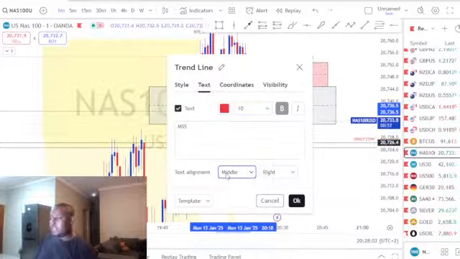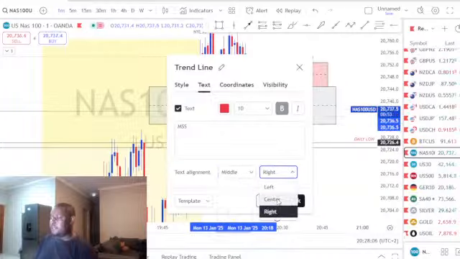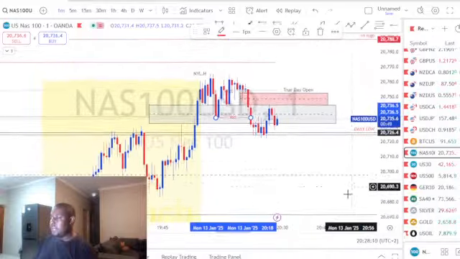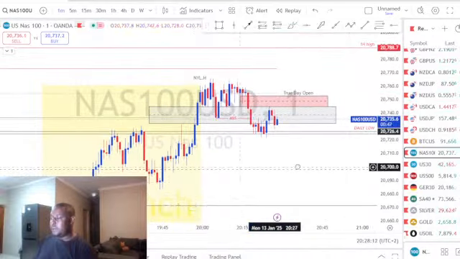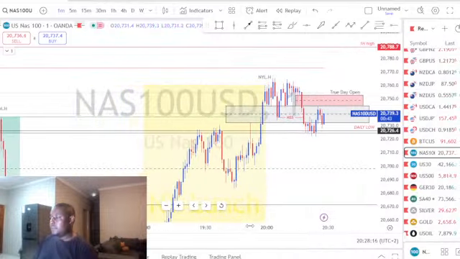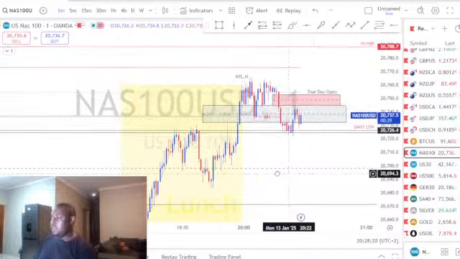This is Nasdaq. I'll definitely look into entering short, long shots, but I have to be extra careful. But I love the reaction at that fair value gap to push lower.